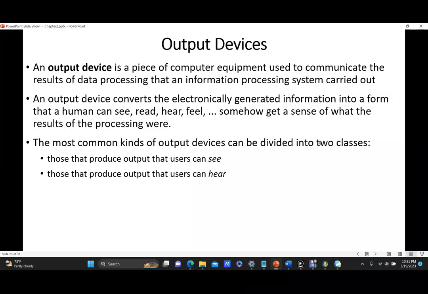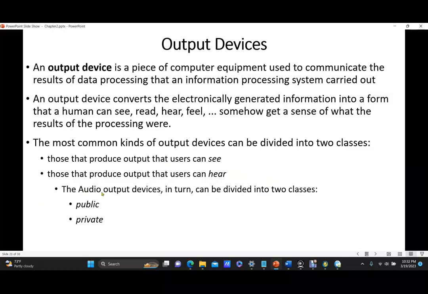Well, there are two basic kinds of output devices, devices that produce output that users can see, and those that produce output that users can hear. There are other kinds, produce things you can feel, but those are much less common than visual or audio.